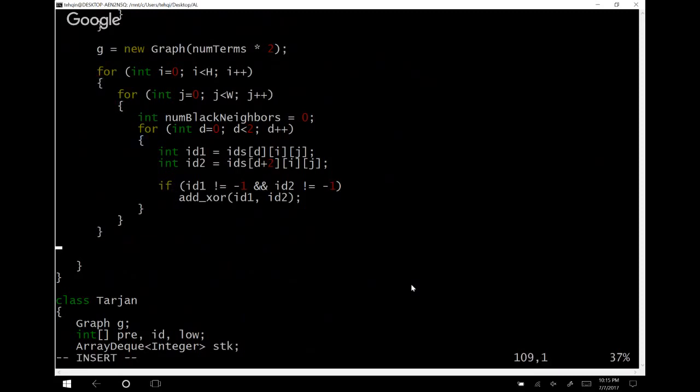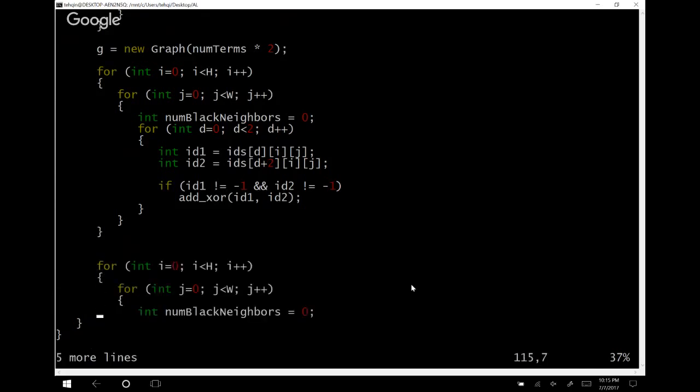Okay, so the last thing I need to do is add all my rules for the white cells.